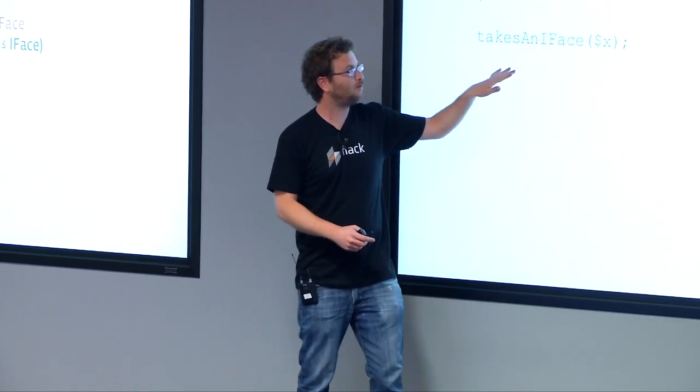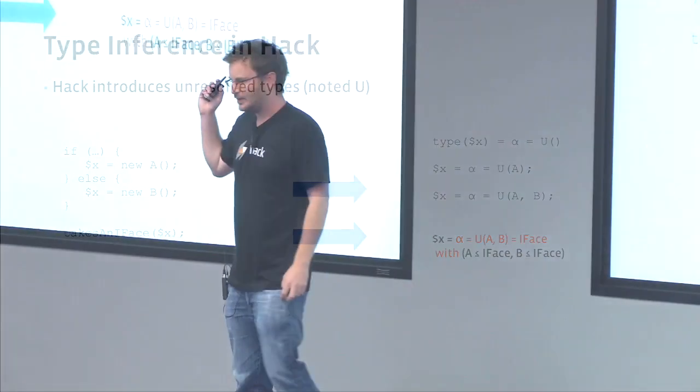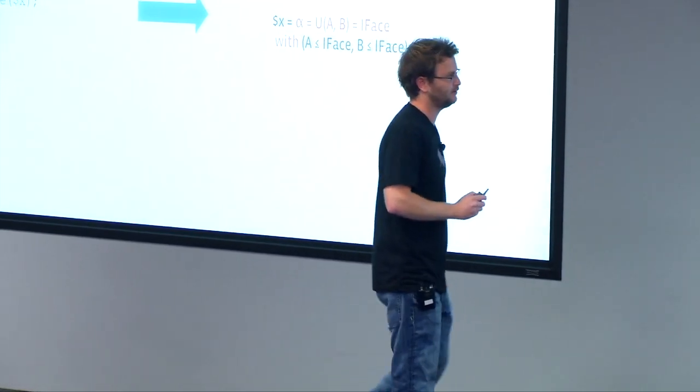And when I call this function with $x, that's the moment where I'm going to check that both A and B are subtypes of iFace, and that's the moment where I'm going to deduce that $x is in fact an iFace.